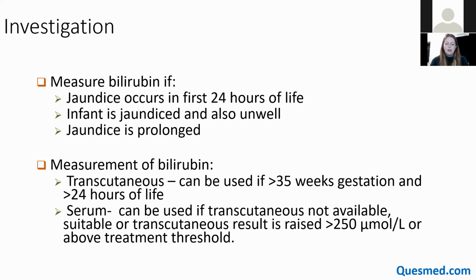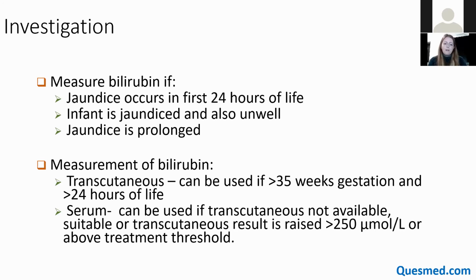You'd always want to see what the bilirubin level is if jaundice occurs in the first 24 hours of life, and you'd never check it via a transcutaneous bilirubinometer. If the infant is jaundiced and also unwell, you'd always want to check serum bilirubin, or if the jaundice is prolonged, particularly because you'd want to be looking at whether it's conjugated or unconjugated bilirubin.